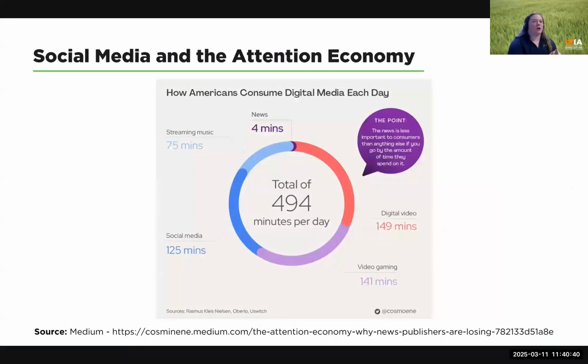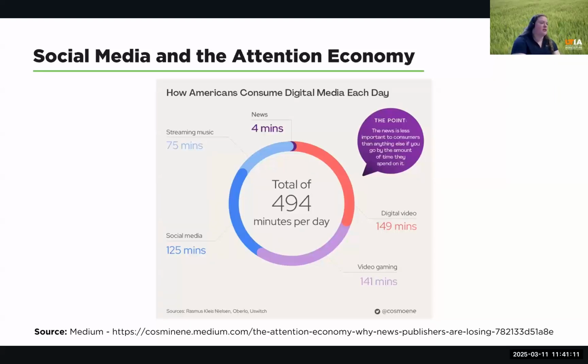All right, so we've got the idea of how that attention economy works in the back of our mind. Now I want you to think about how much time the average consumer spends on social media or online every day. Again, think about all that noise, all those other posts you have to sift through before you get to the post or the page that you're looking for.